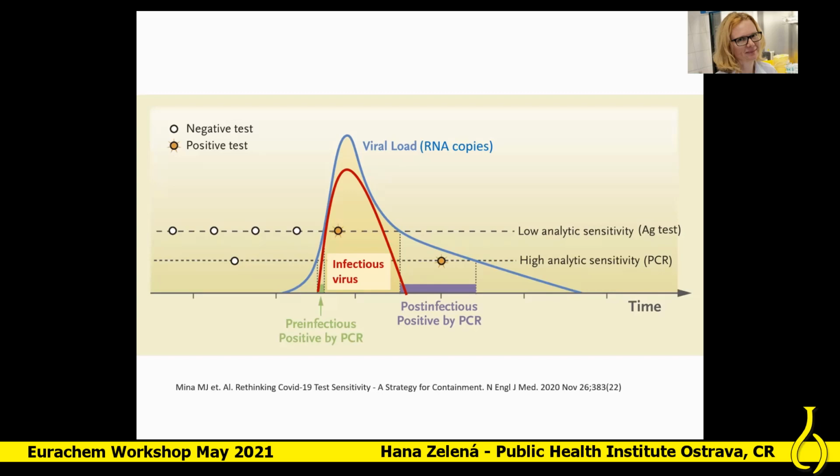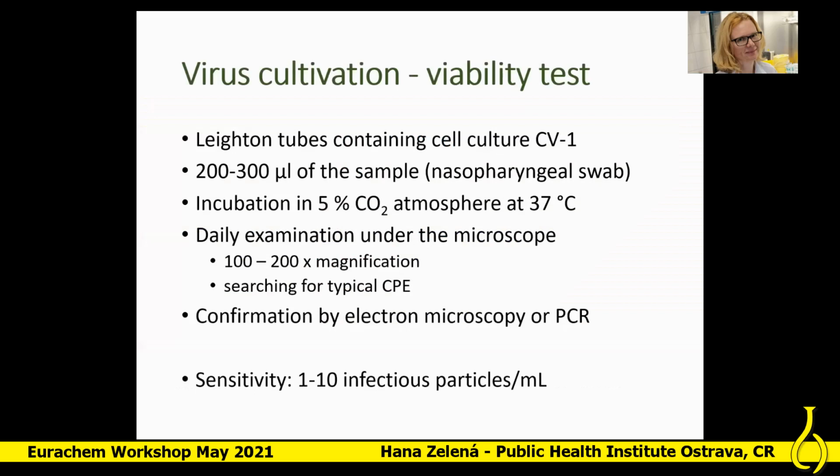This period is relatively short, but when the patient is really very strongly positive and very infectious, antigen tests with good performance are usually able to detect the infectivity of this person. So next one, please.